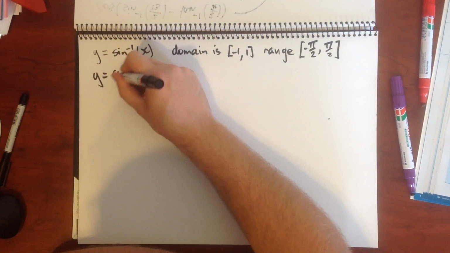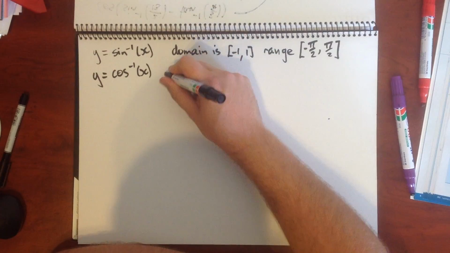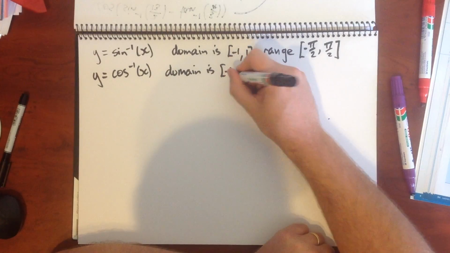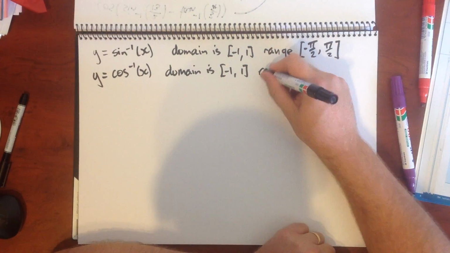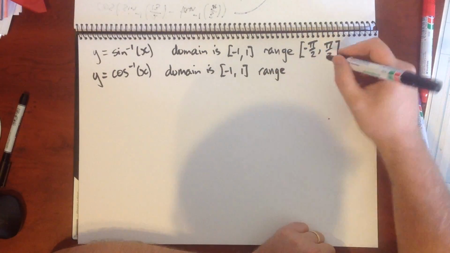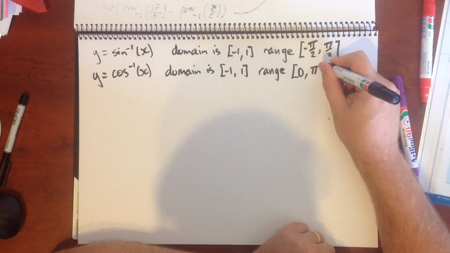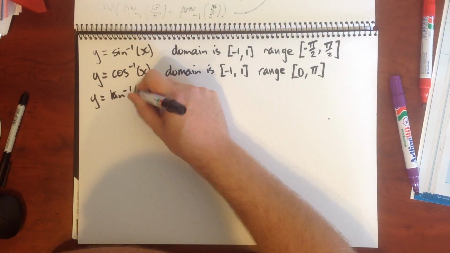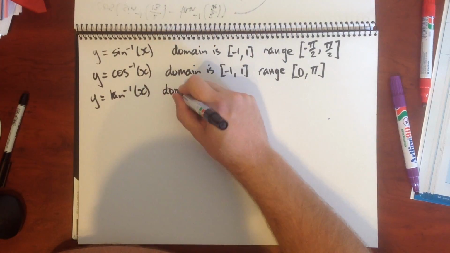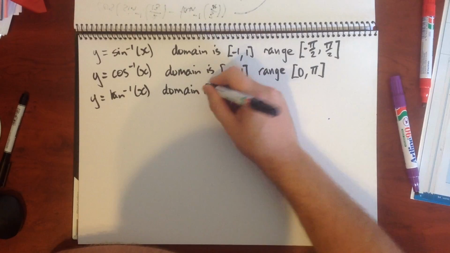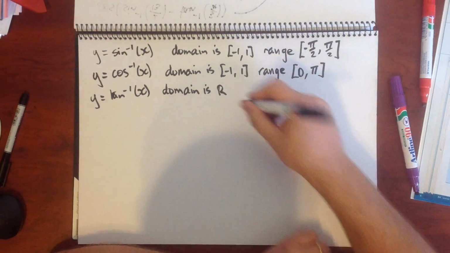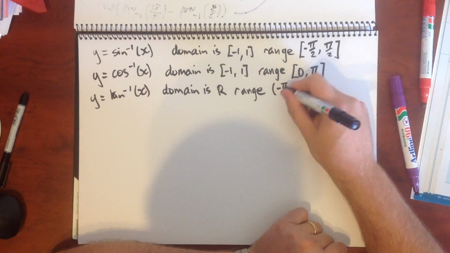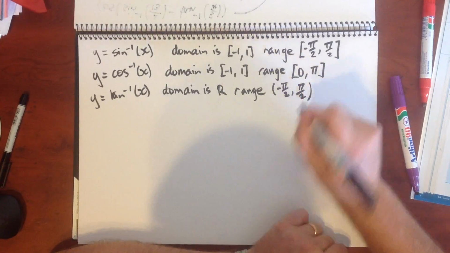And if we have y equals inverse cos of x, our domain is again negative 1 to 1, and our range is from 0 to pi. And for y equals inverse tan of x, the domain is R, all real numbers, and our range was from negative pi on 2 to pi on 2.